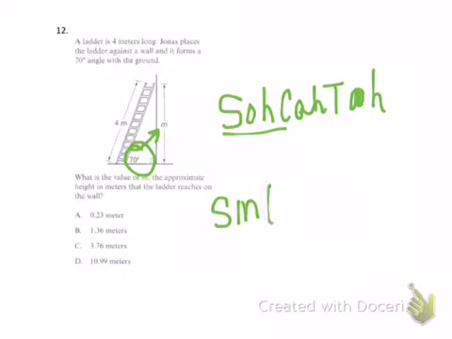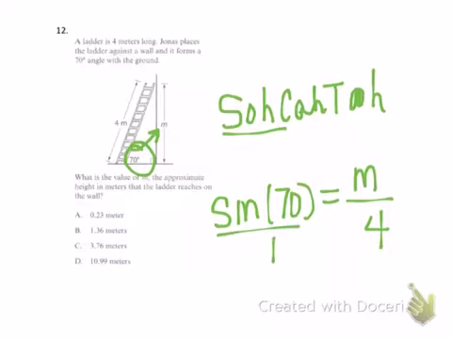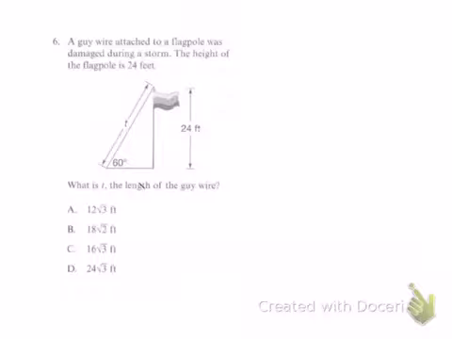So I would say sine of 70 degrees equals m over 4, opposite over hypotenuse, and make that a proportion and cross multiply. When I cross multiply, I multiply sine 70 times 4, and the calculator tells me 3.76. You work this one.